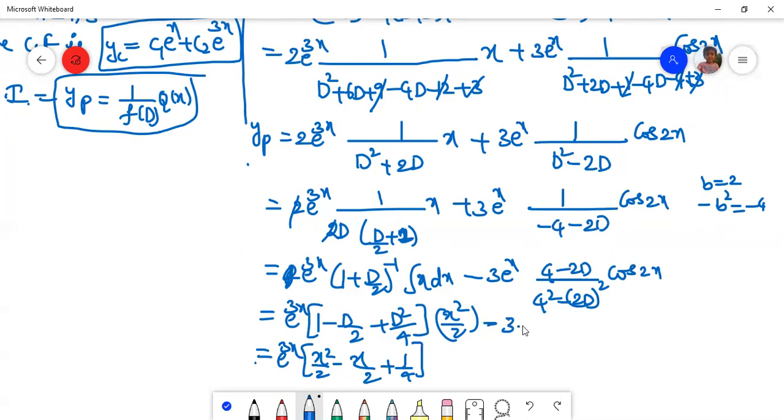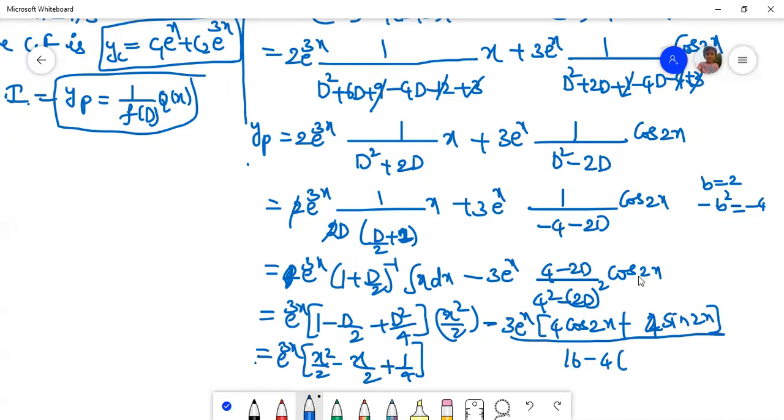Minus 3 e power x into 4 cos 2x minus 2 times the derivative of cos 2x, which is minus 2 sin 2x, so minus into minus gives plus, sin 2x by 4 squared is 16, minus 2 squared is 4, D square is minus 4. It is minus 3 by 16 plus 16, so 32, e power x into 4 cos 2x plus 4 sin 2x. It is the yp.